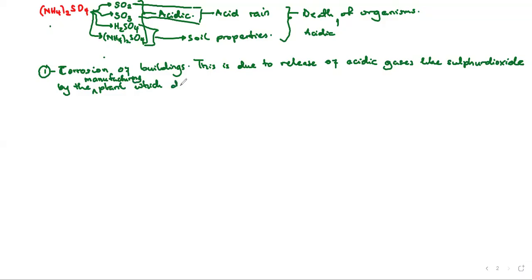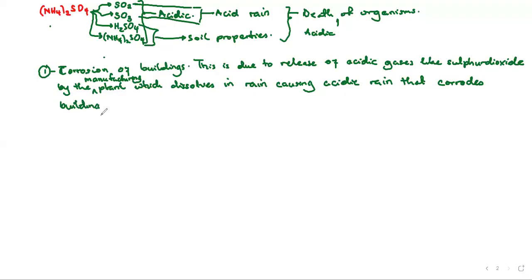which dissolves in rain, causing acidic rain that corrodes buildings, building paint. So how can we mitigate this?